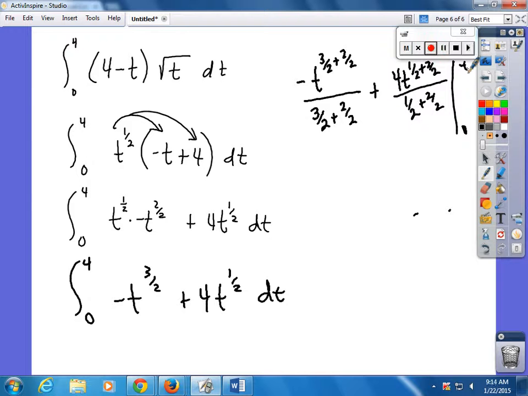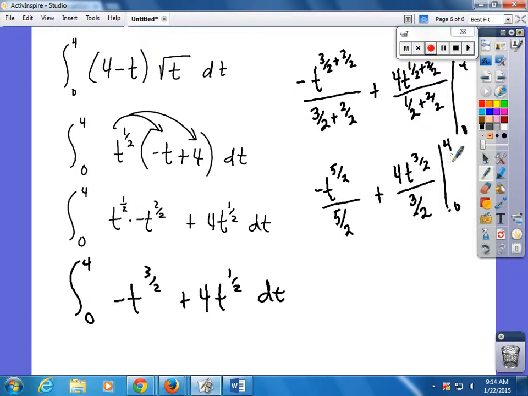And 3 plus 2 is 5, so that's negative t to the 5/2 over 5/2 plus 4t to the 3/2 over 3/2. And then that's going to be evaluated at 0 and 4. That gives negative 2/5 t to the 5/2 plus 2/3 t to the 3/2.